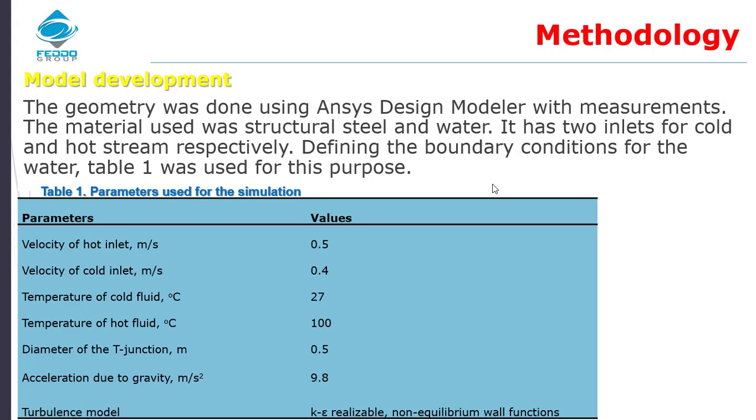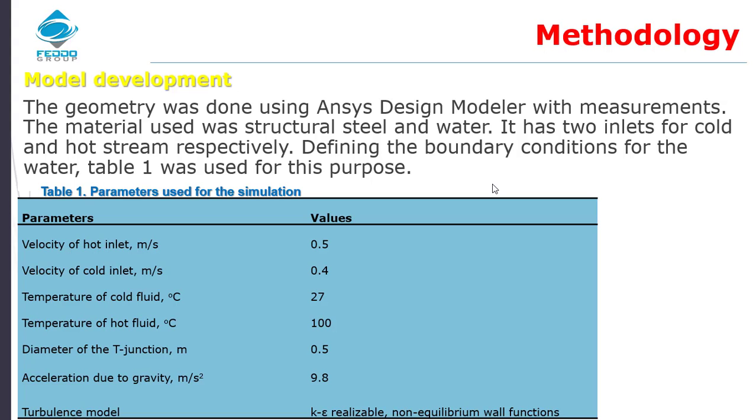Using the ANSYS Design Modeler with measurement, the material was actually structural steel, and we consider water as the fluid flowing. So it has two inlets, like I've earlier said, for cold and hot stream respectively. So there is inlet one, which is for cold, and inlet two, which is for the hot stream respectively.